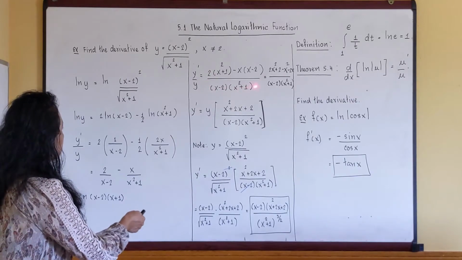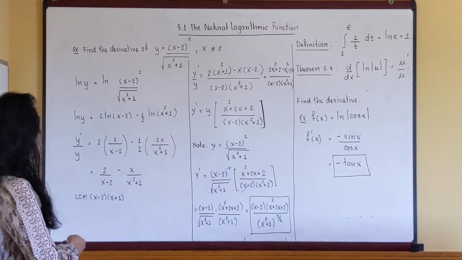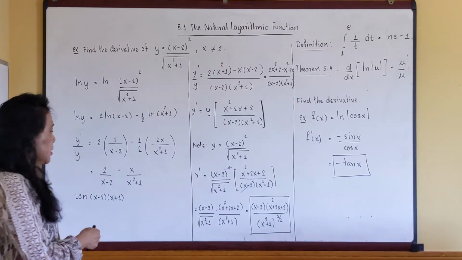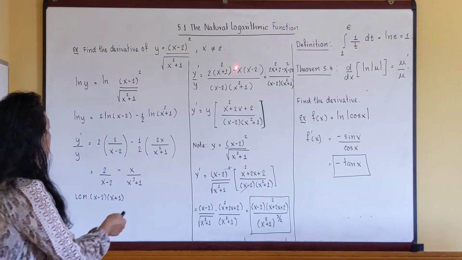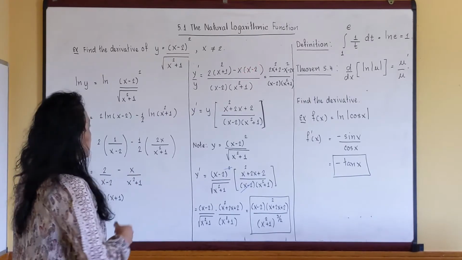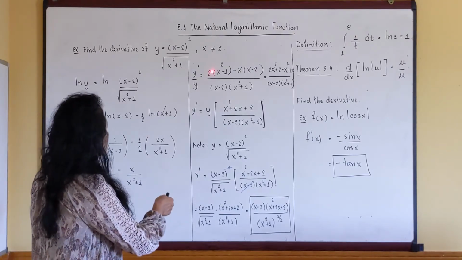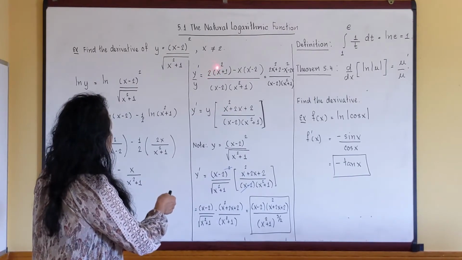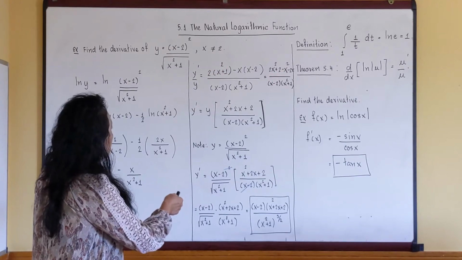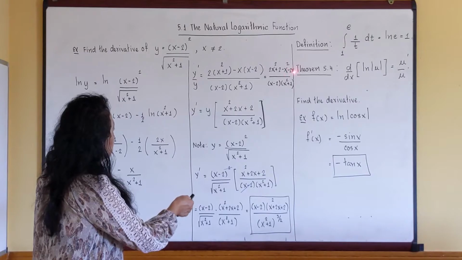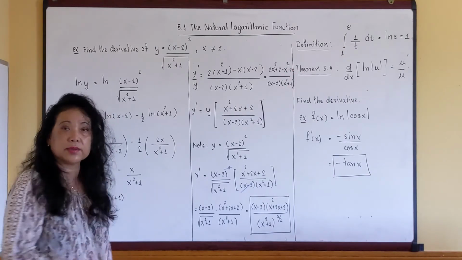So for the first term, I'm missing x squared plus 1, and for the second term, I'm missing x minus 2. Next, I distribute the 2 to get 2x squared plus 2, and distribute the minus x to get minus x squared minus 2x. The denominator remains the same.